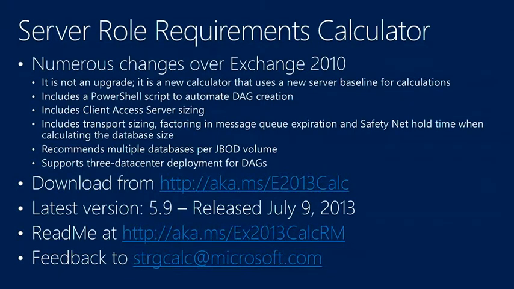So things like create your DAG and create your databases where they should be and create database copies across the DAG the way the tool thinks they should be. All of that stuff is now built into the calculator. And what that means is after you've used the calculator to do your deployment, then you save that away. It's an Excel spreadsheet, Excel 2013.